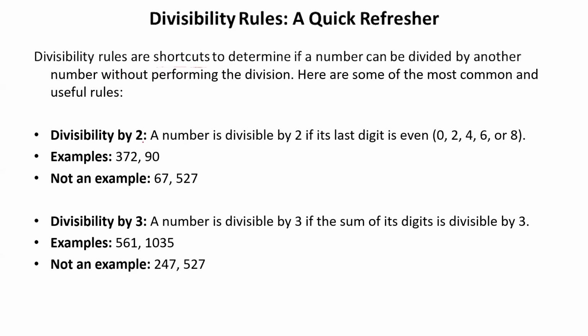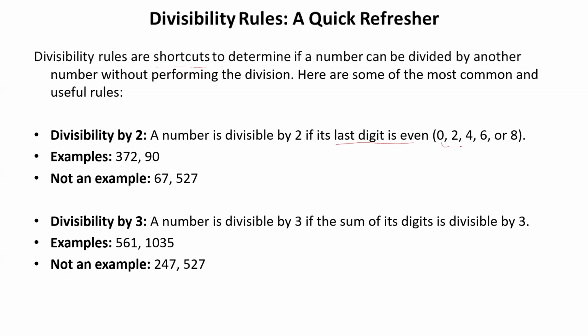So given a number, if you want to tell if the number is divisible by 2, how will you tell that? Look at the number, and if the last digit of that number is an even number, that means the given number is divisible by 2. Even numbers are 2, 4, 6, 8.